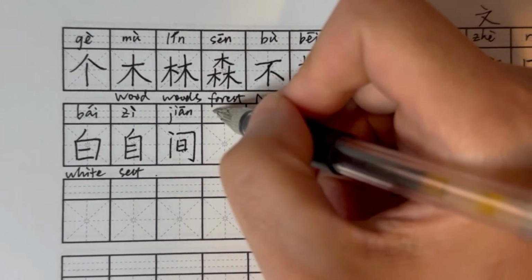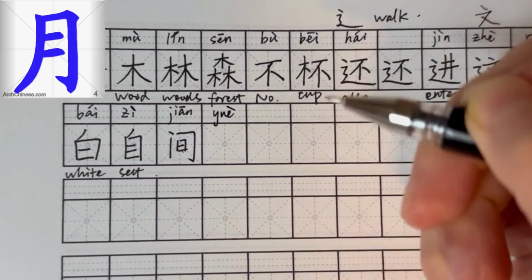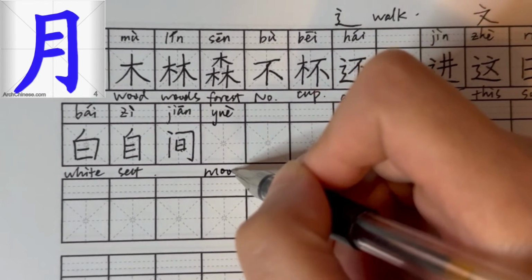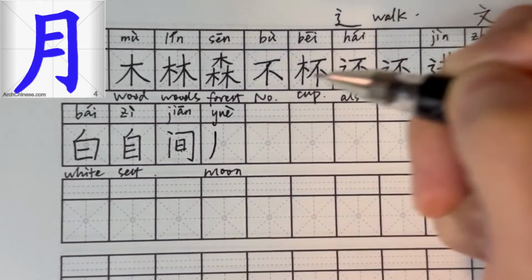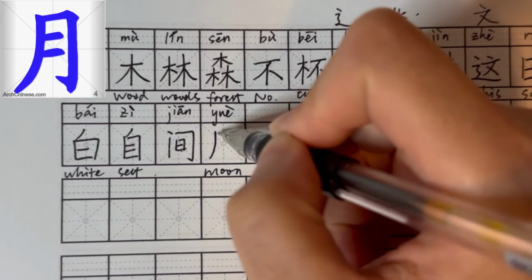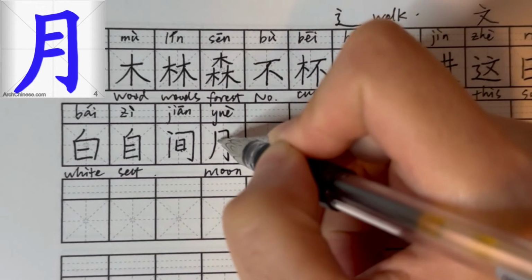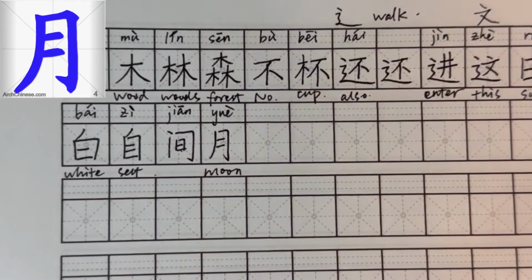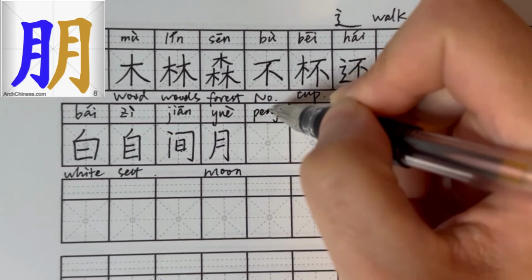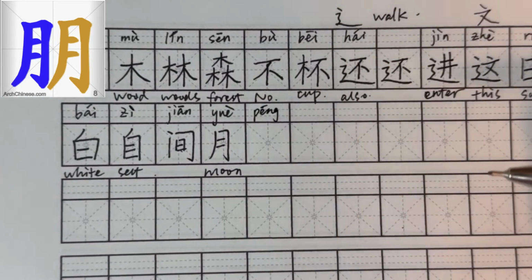Next character, also a simple character pronounced as yuè, 月, means moon. 撇, 横折钩, inside 横, 横. We have two 月s side by side together. We consider the left one as the radical.